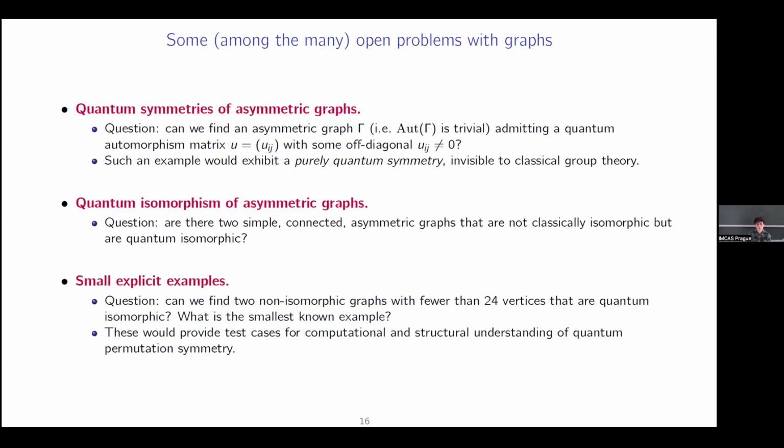Still an open problem remains. There's a notion of quantum orbits. If you have quantum permutation groups acting on things, you have orbits. So you have a notion of a quantum automorphism group of a graph being transitive or not. And one open question that we still have is, can we find a graph which is asymmetric, but its quantum automorphism group acts transitively even?